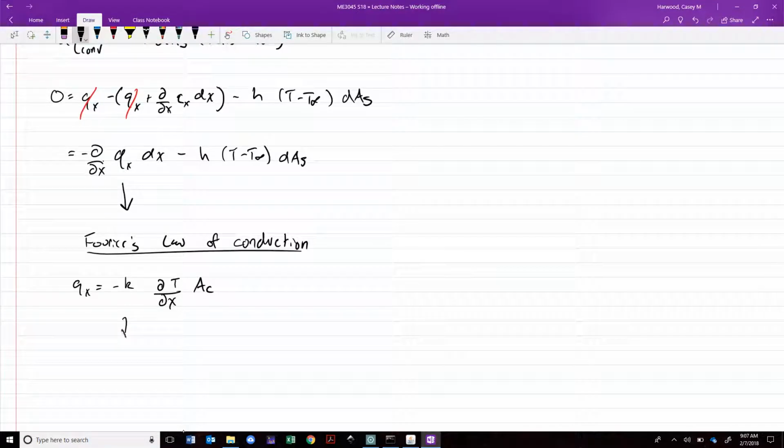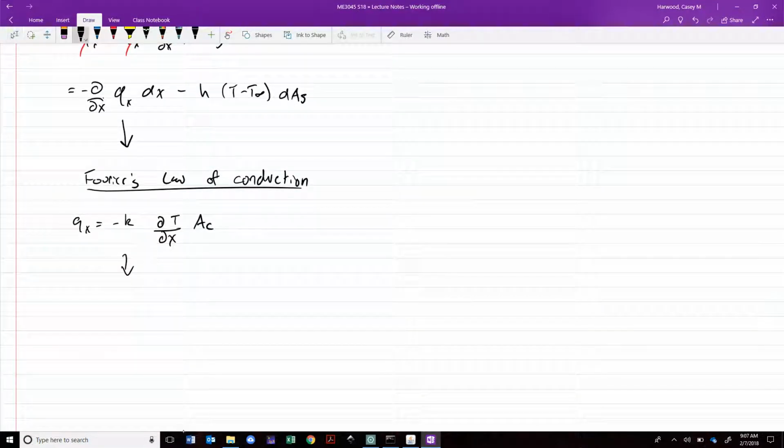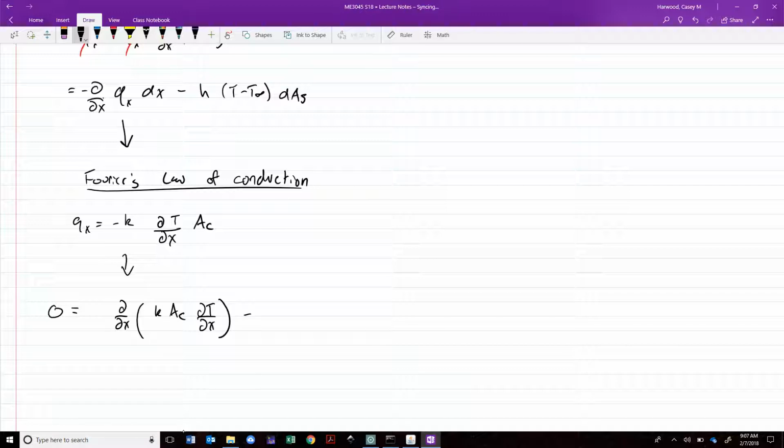Plugging this in now, we end up with 0 is equal to d/dx of k Ac dT/dx minus h times T minus T infinity dAs/dx.